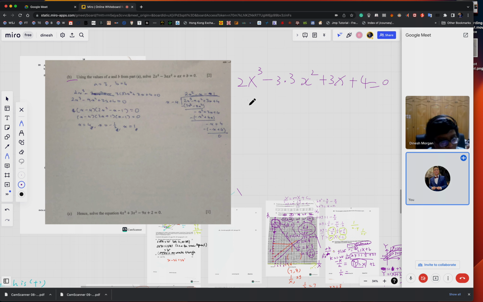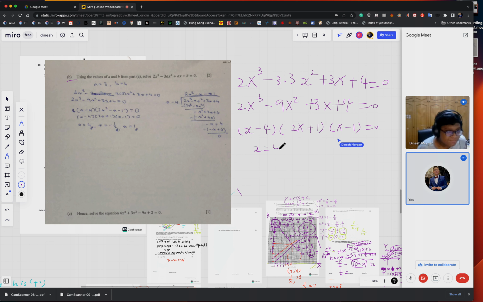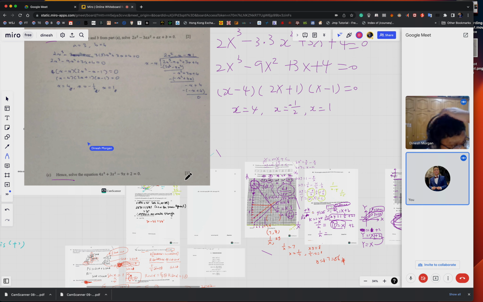Okay, so you will get this. And then the factorization gets you this. So therefore with this you get x equal to 4, x equal to minus half, then x is equal to 1. Okay, so now with this they ask you to solve the below one, hence.